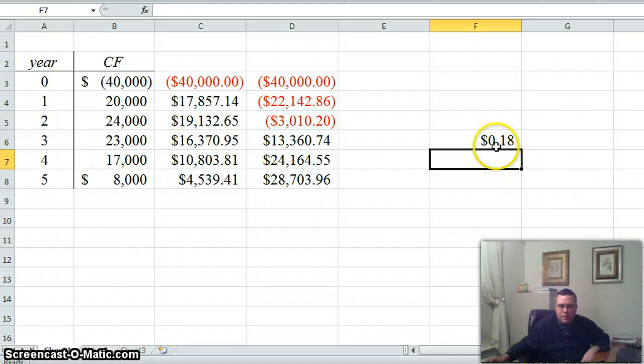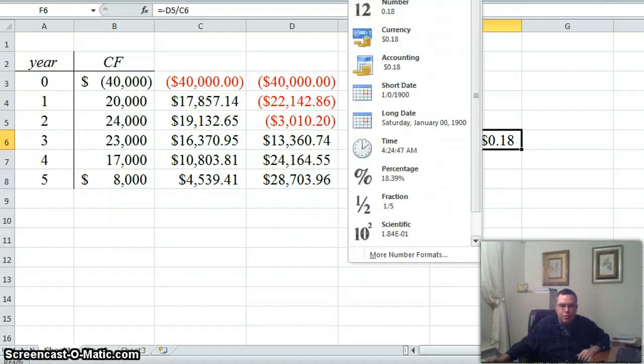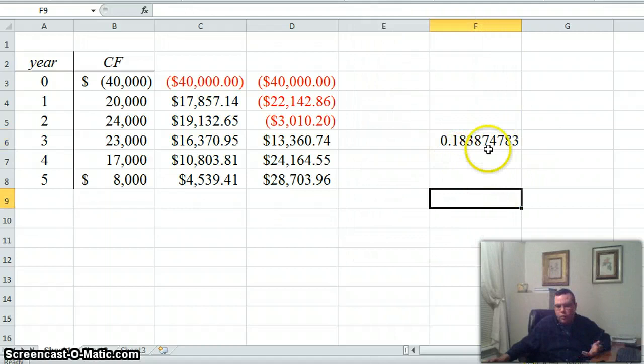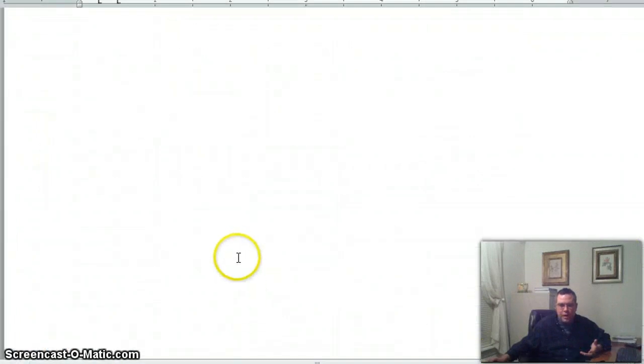And this is not a dollar sign. Change my format up here. It's 0.18 basically. So it's 2.18. We were at 2 years plus 0.18 years. So if I go back over here and look at my answer, it's 2.18.